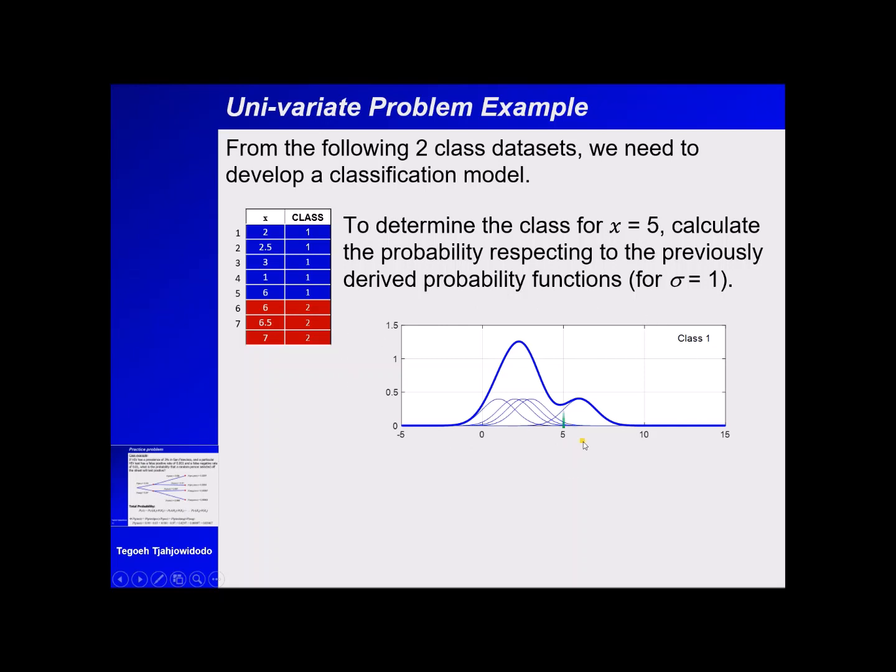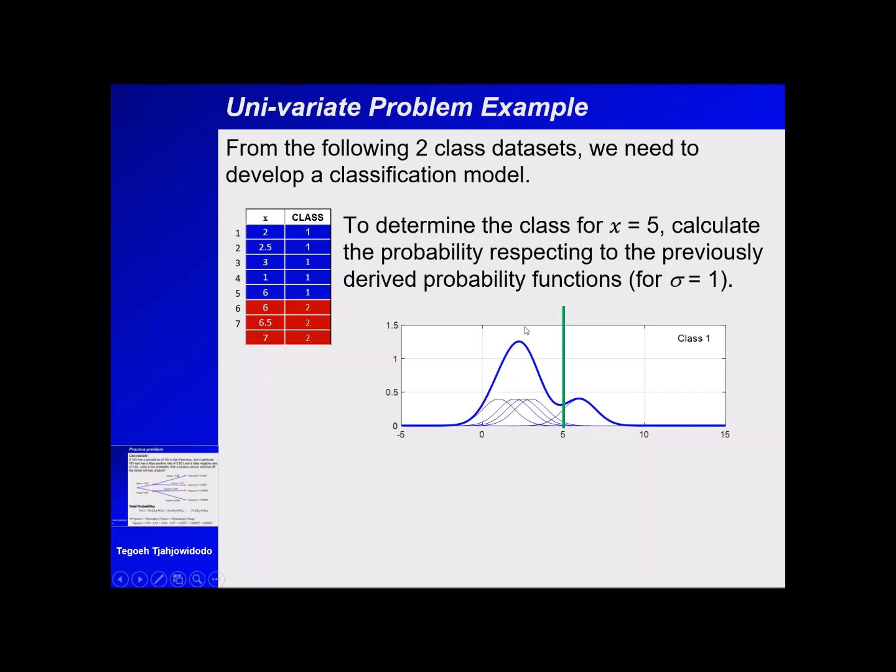And where is 5? 5 is here. I will calculate the average probability from all of these 5 probability density functions. Again, as we have already mentioned, we have 5 here: 1, 2, 3, 4, 5. That corresponds to all of the training sets that belong to class 1.